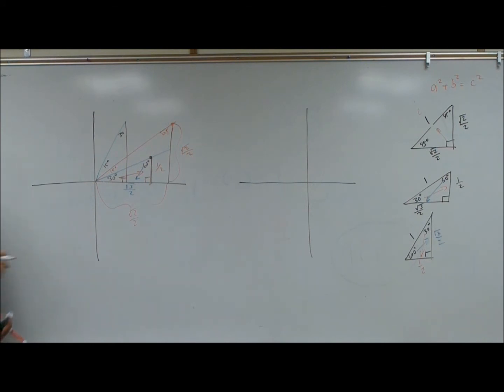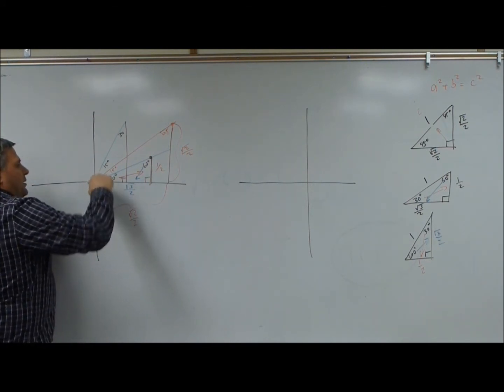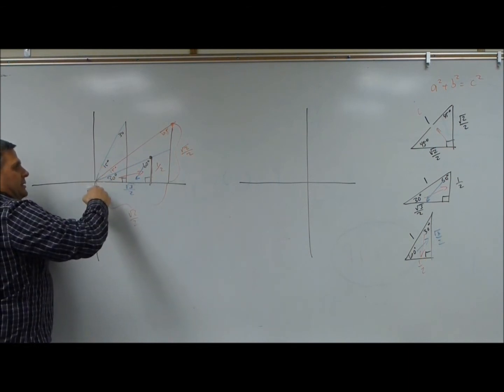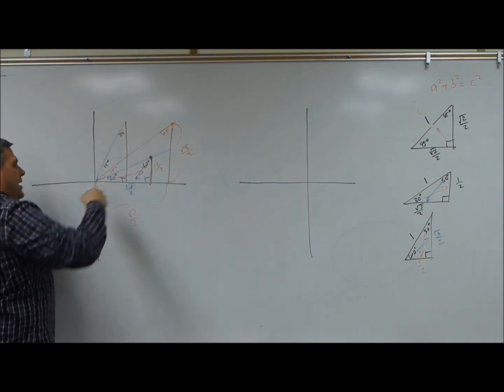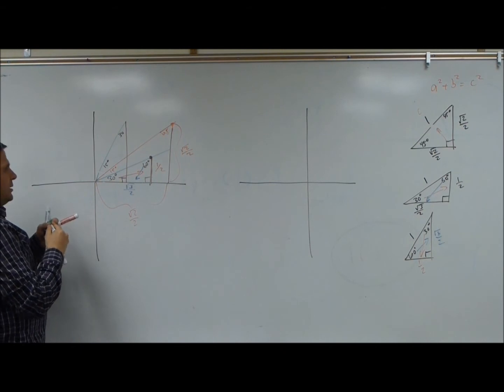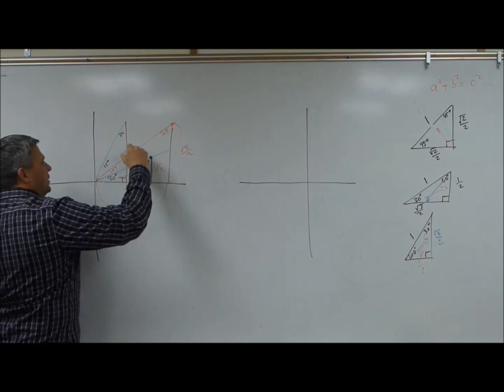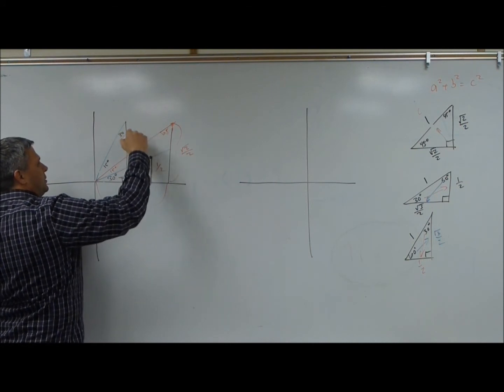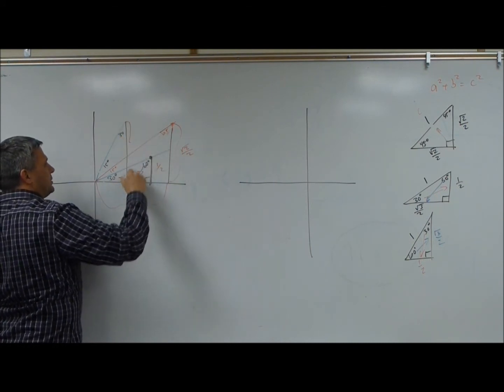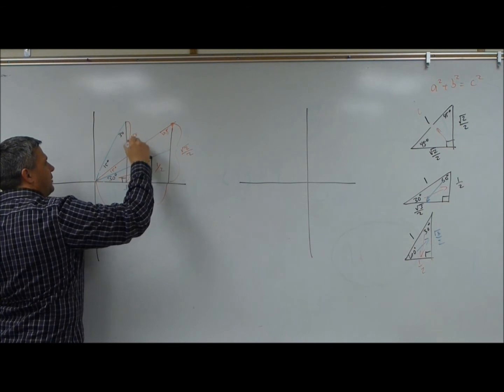Right? So this degree here is 60. So this length is going to be the red arrow, which is square root of 3 over 2. Yes, square root of 3 over 2.